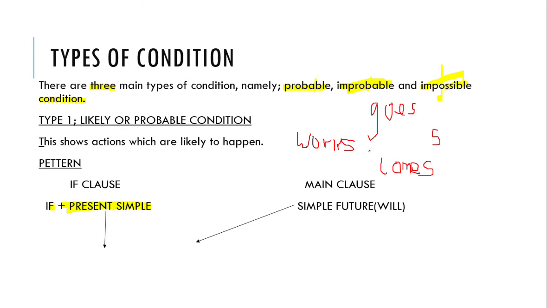So these are the verbs we are expected to put in the if clause of the likely or the probable condition after the word if. In the main clause, we have simple future expressed by will. Let us look at a practical example and see what is being talked about here.